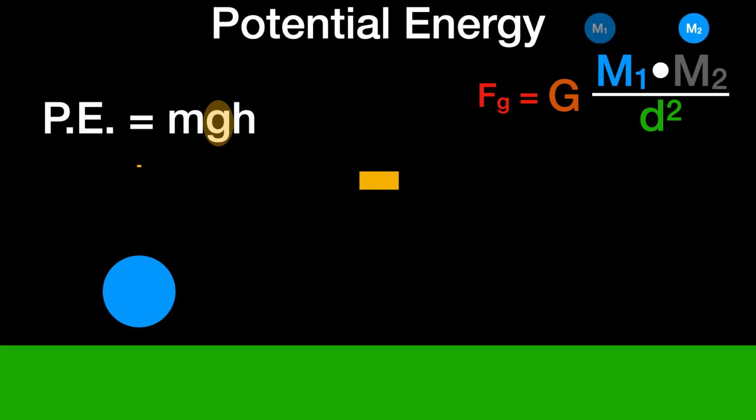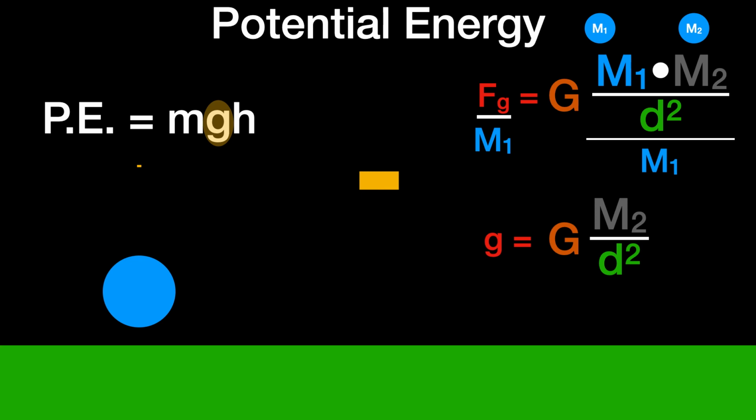Again, just recapping, M2 and M1, this is the force between them. So if we want to get the force relative to M2, if we just want to see the force of M1 attracted to M2, what we can do is divide both sides by M1. And let's do a little bit of simplification here. There we go. Note that F of G divided by M1.